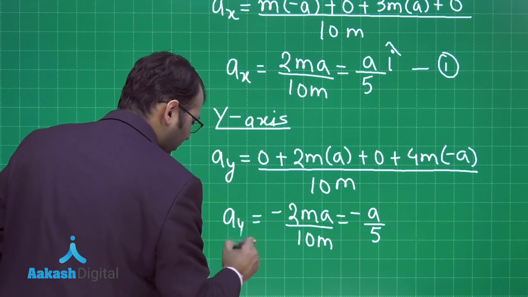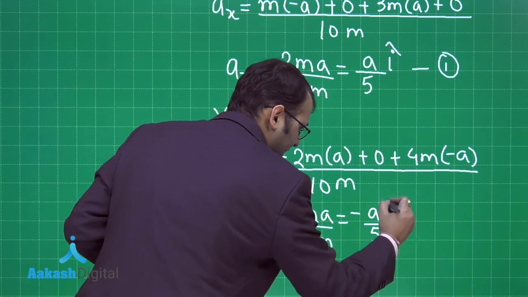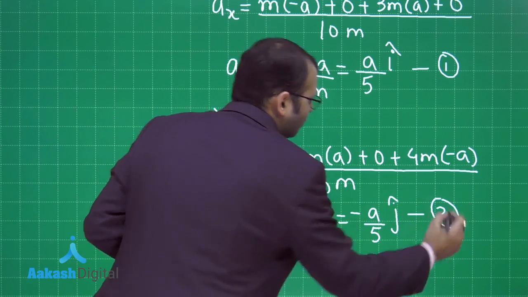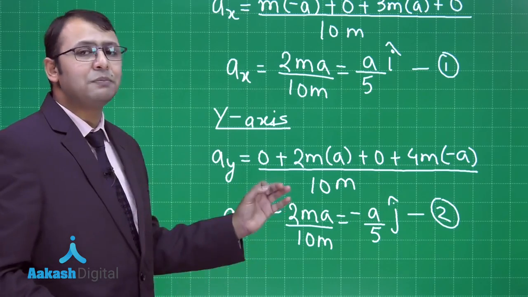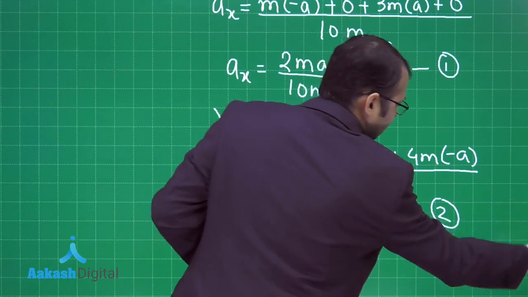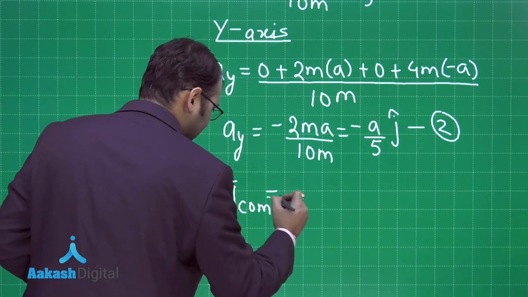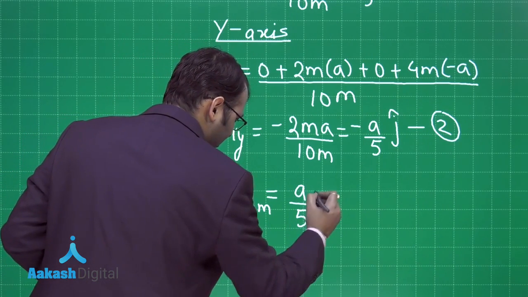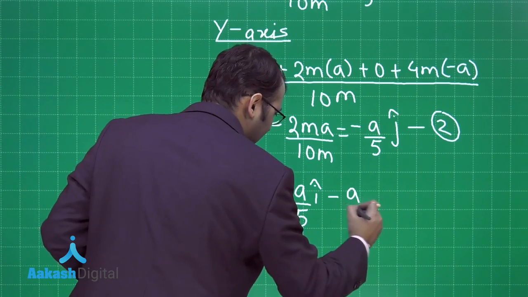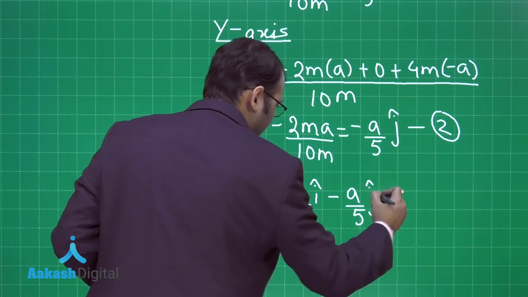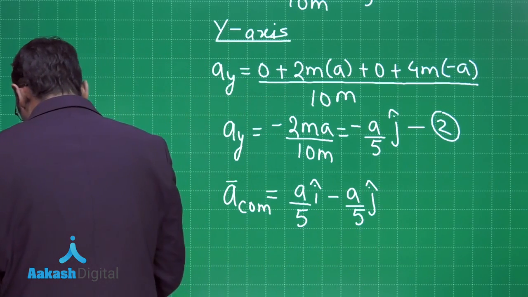This is the acceleration along the y-axis, and this is equation 2. From equations 1 and 2, it is evident that the acceleration of center of mass, that is ACOM, will be a by 5 i cap minus a by 5 j cap. This is the final solution to our question.